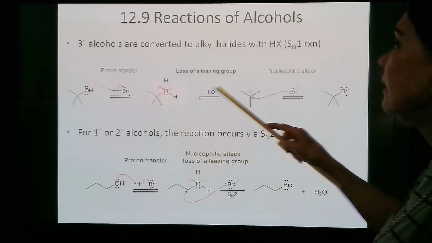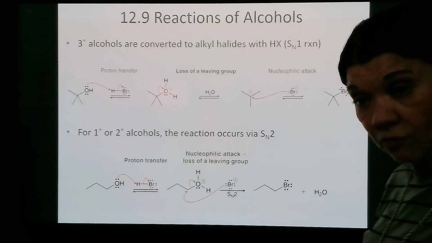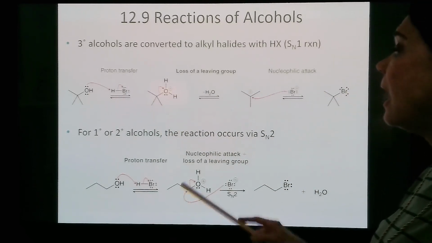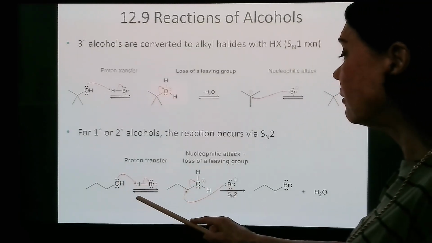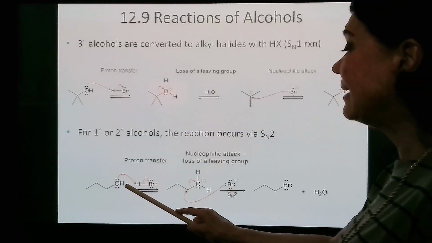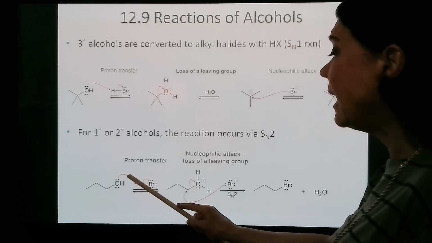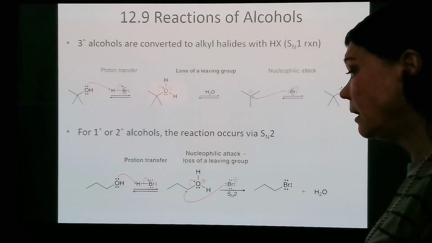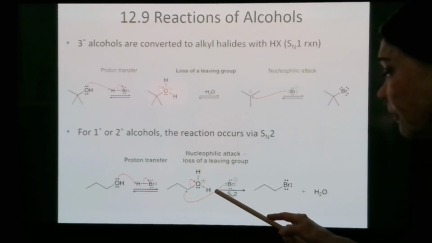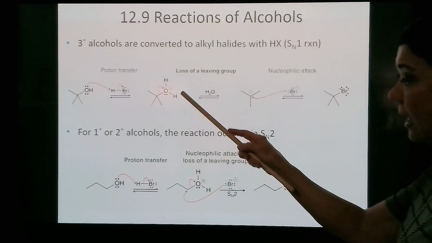So this is obviously an SN1 reaction. Okay. Down here, whenever you have the primary or secondary alcohols, the reaction is going to be an SN2 reaction. And so still, the first step, anytime you have an organic compound in the presence of an acid, your first step is going to be protonation, just like up here.